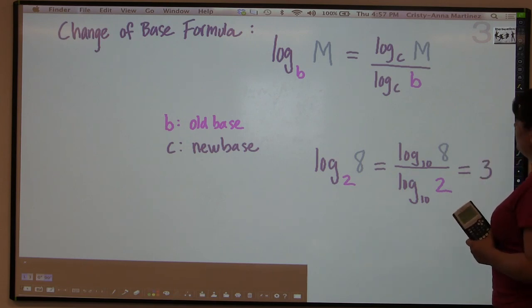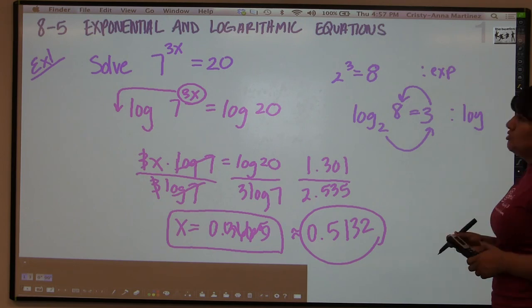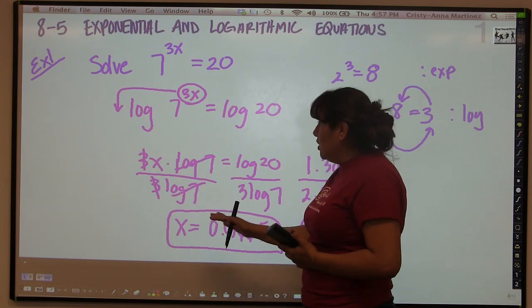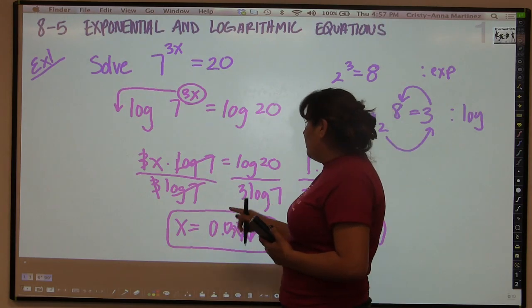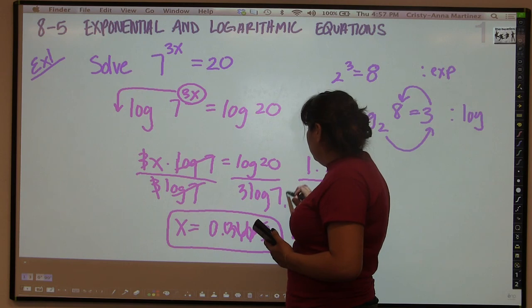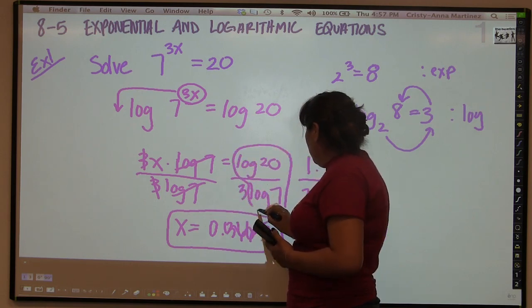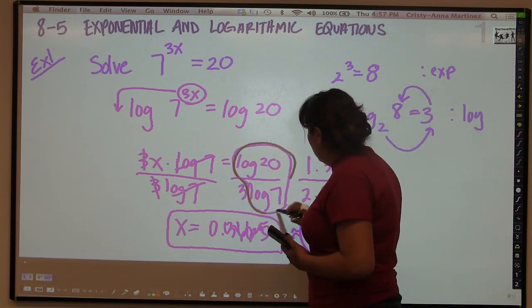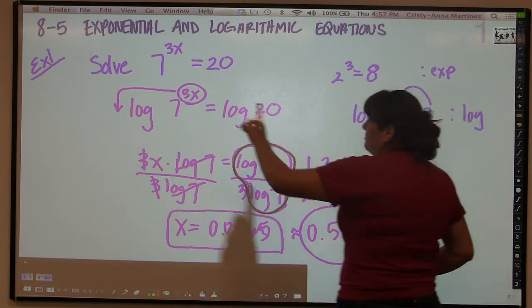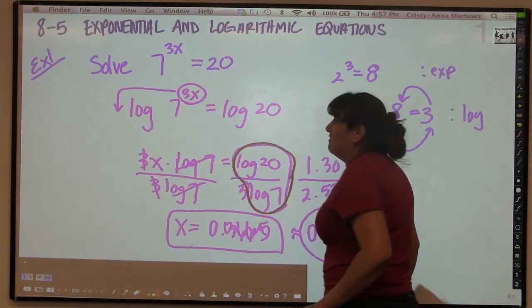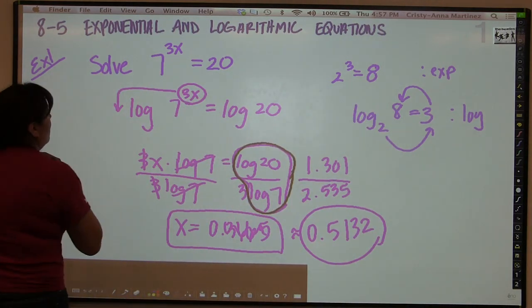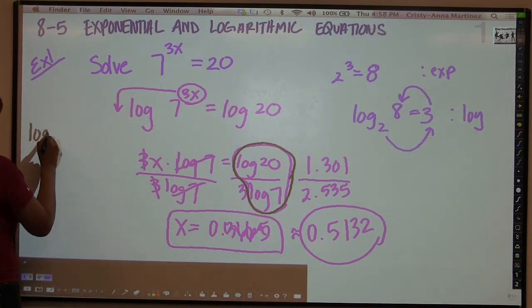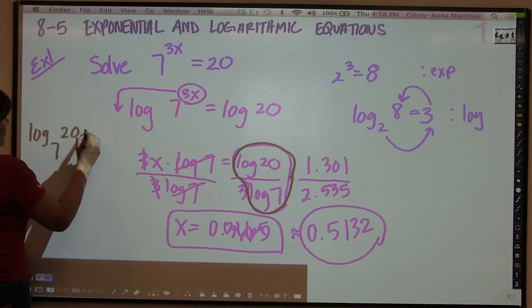Now going back to the original problem that I had done earlier, you might have noticed that we did it a different way, but at the end of the day, my final answer was log 20 over log 7. I want you to focus on this piece right there: log 20 over log 7. Well, the old base was 7. If you remember, one way to solve this is to rewrite it in log form, which is log base 7 of 20 equals 3x.